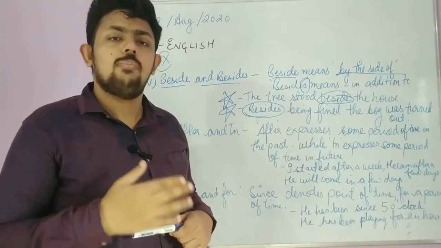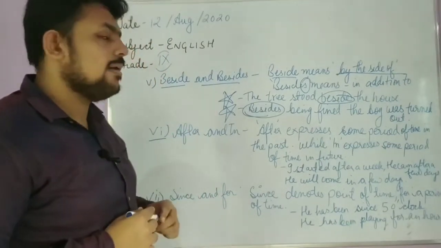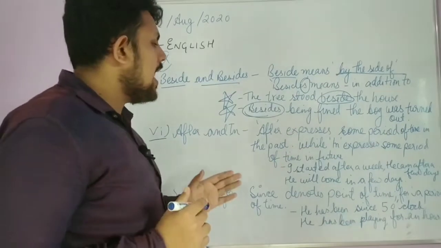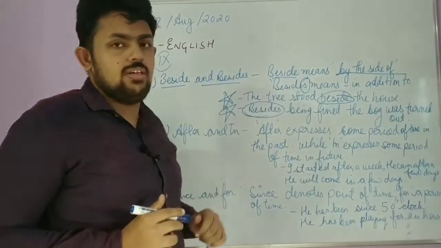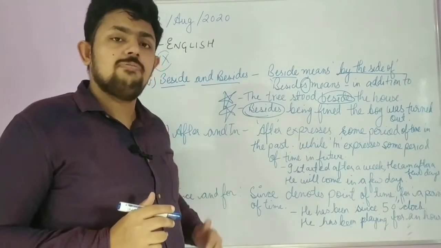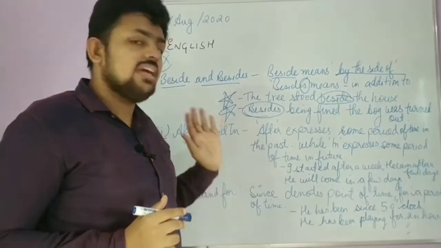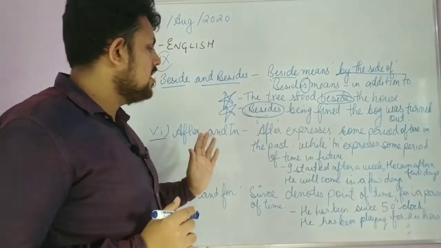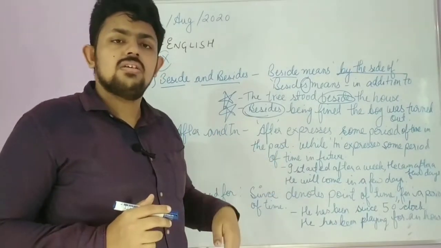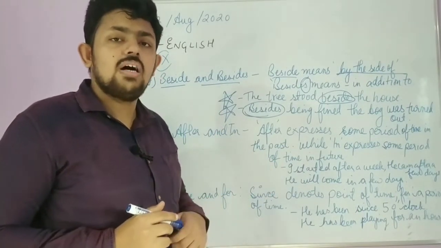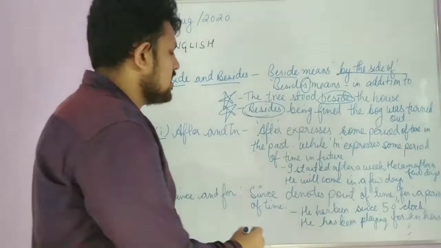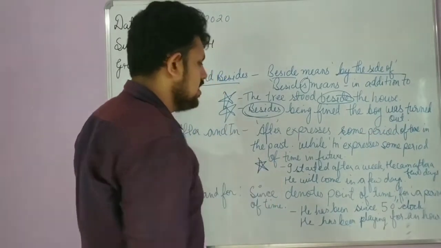When we are talking about the future, see the example, you will understand better. I started after a week. Okay, we are talking about the past, that we started something in the past. I started not in a week. I started in a week is wrong, because with the past we can never use in. I started after a week.